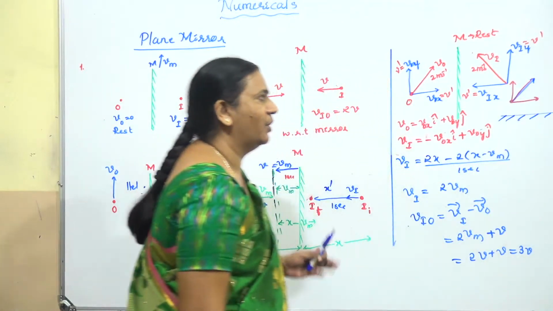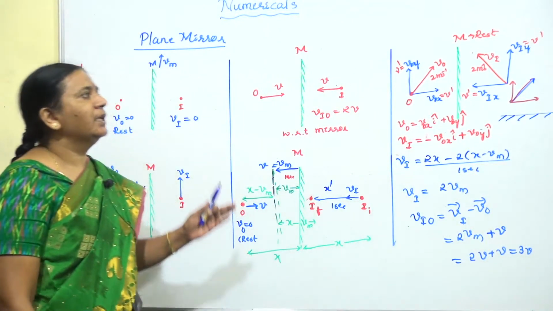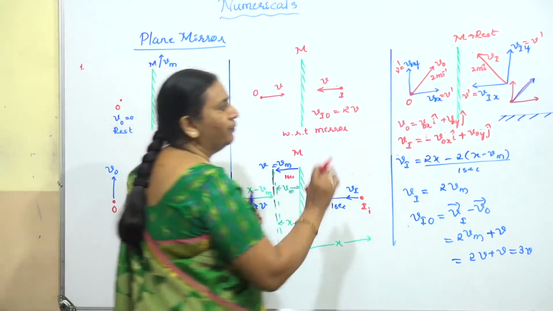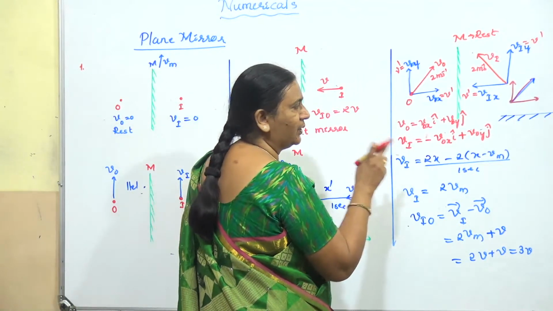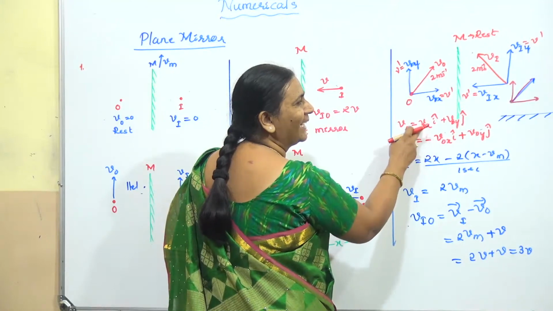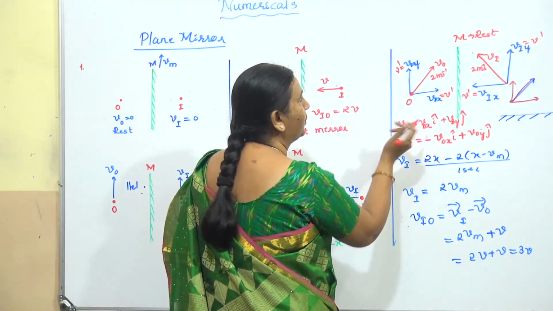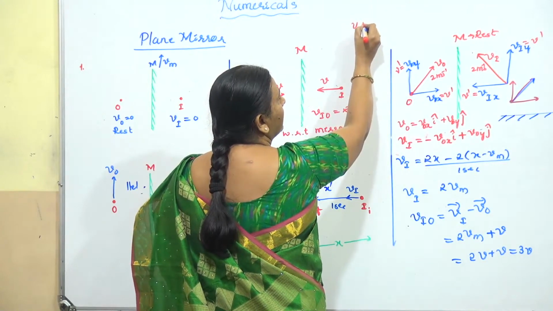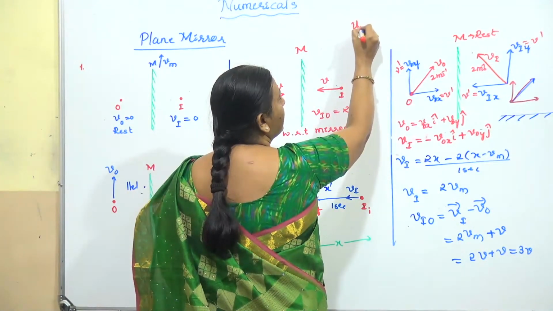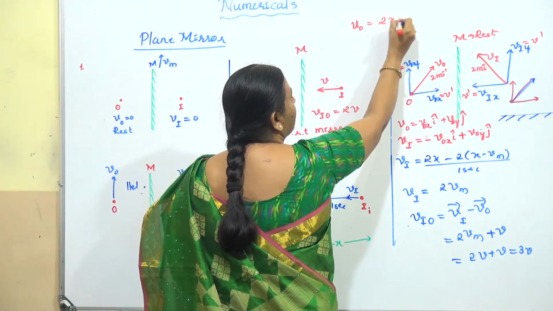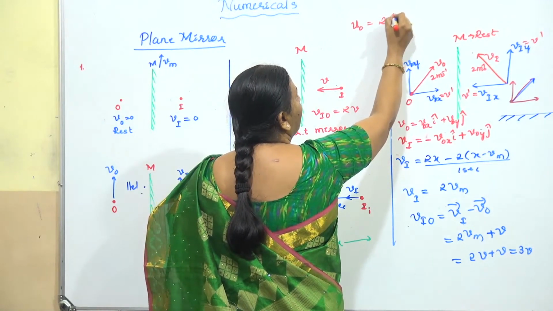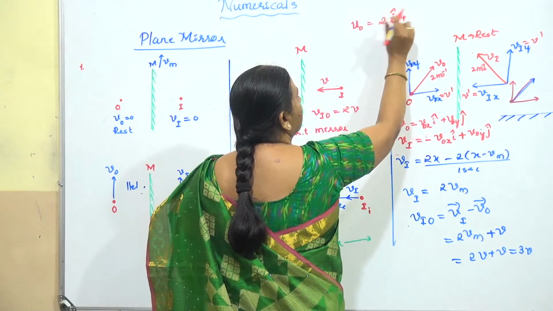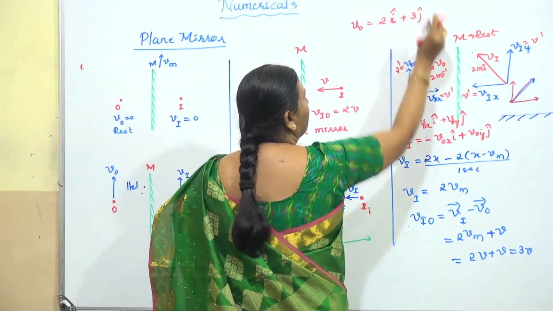So observe carefully how the mirror is kept, and remember that the component perpendicular to the mirror becomes negative, equal but with the negative sign. Suppose again the object moves with speed, say 2i cap plus 3j cap, in this situation.